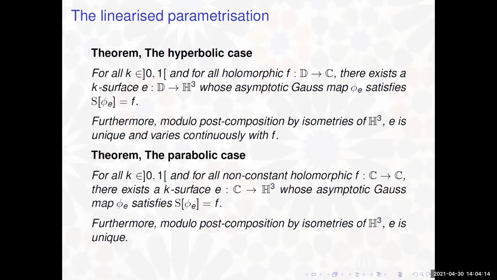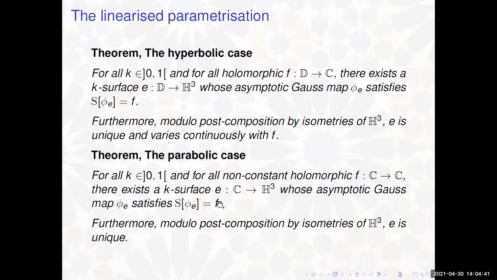And then we have the parabolic case. The parabolic case is similar, but different in an interesting way. For all k in (0,1), and for all non-constant holomorphic F, there exists a K surface E whose asymptotic Gauss map has Schwarzian derivative equal to F. The exceptional cases in the parabolic case are exactly those for which the Schwarzian derivative is constant.